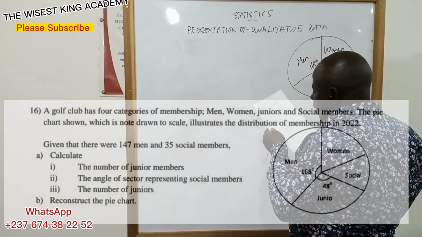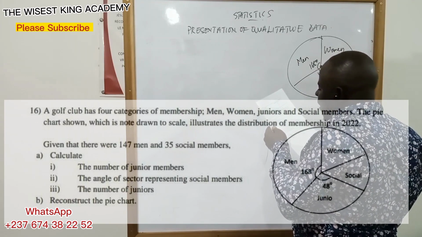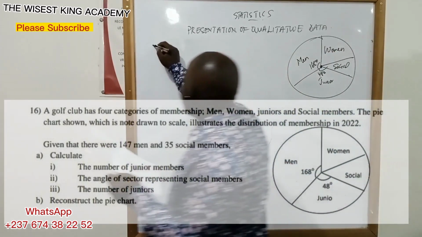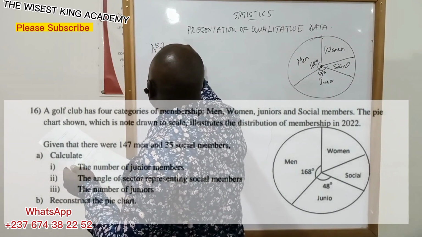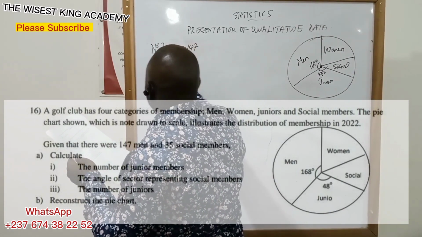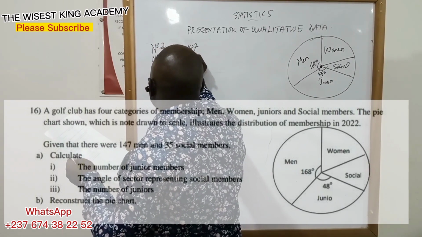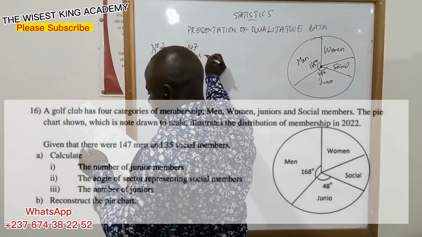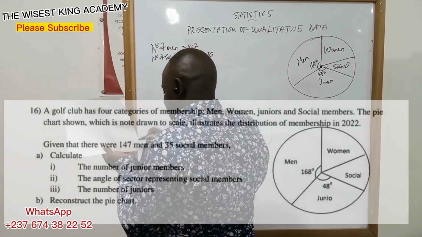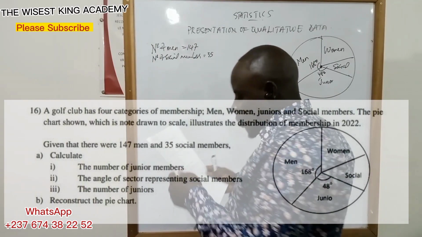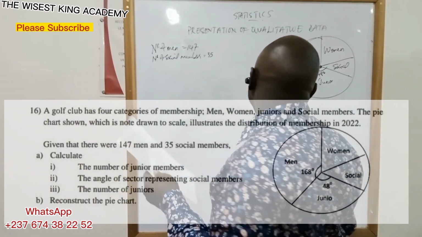Given that there were 147 men and 35 social members, calculate the number of junior members.